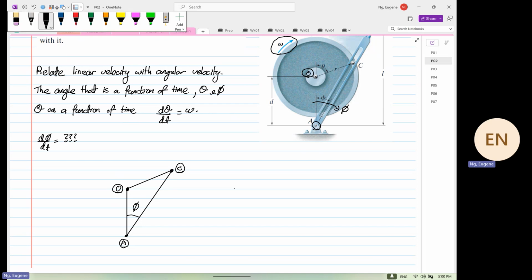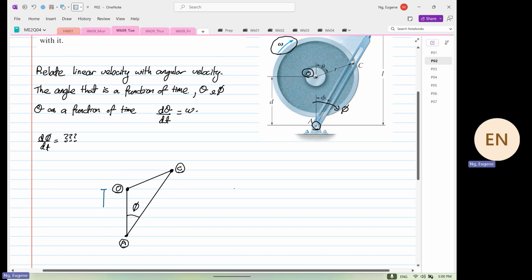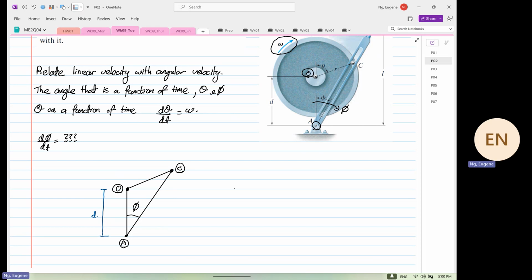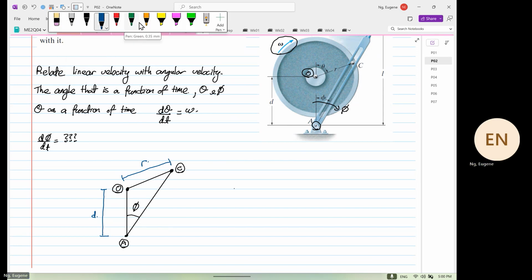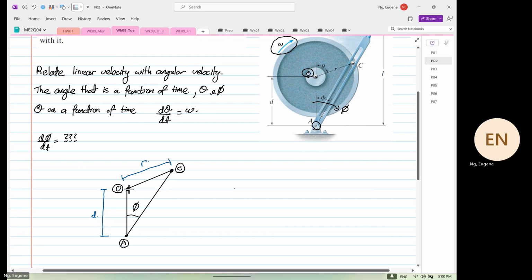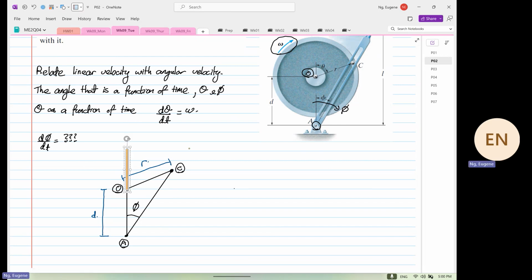What is also given to us is a very specific dimension, that the distance from here to here is equal to D. And then likewise, the distance from here to here is R. And then at a particular vertical plane, we are given that this angle is equal to theta.